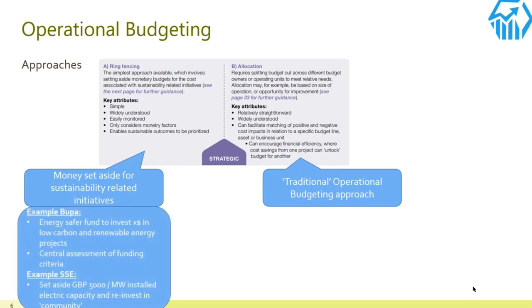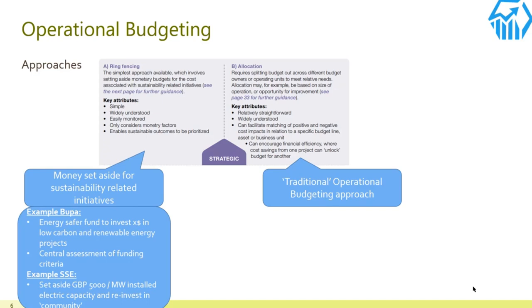Some examples that I found are from companies like Bupa or SSE. These companies basically set aside a special amount, an amount X that is then distributed to the different departments and divisions in a company, where they can apply for the money they want, and a kind of gremium decides what they get.